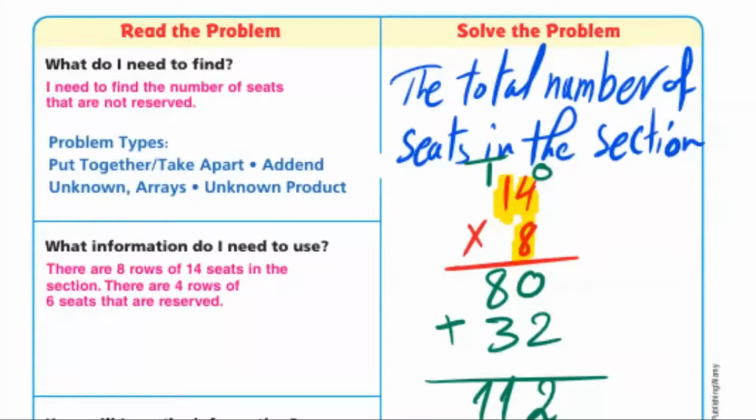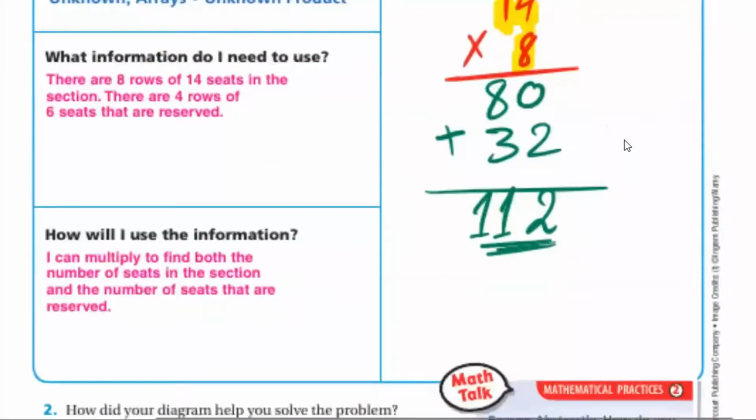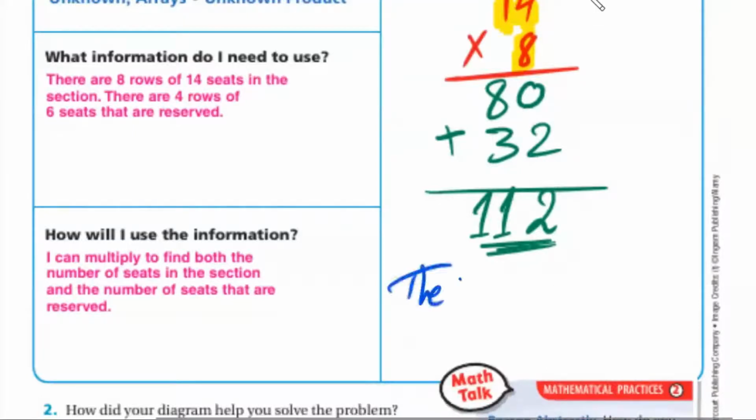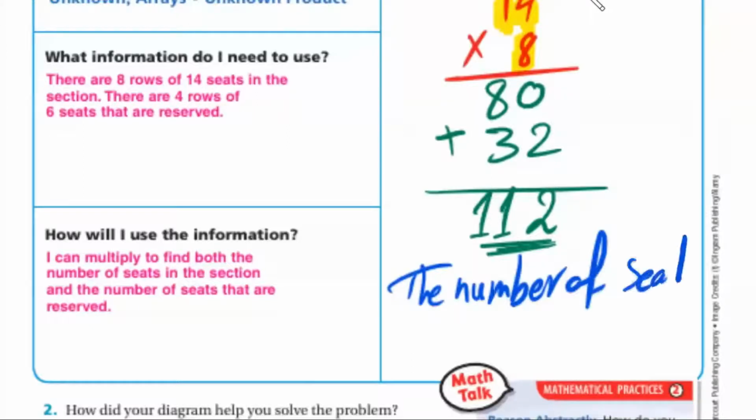Okay. So how many seats are reserved? To get the total number of reserved seats, you have to multiply. You multiply what by what? 4 by 6. Okay, let's multiply 4 by 6, the number of reserved seats.